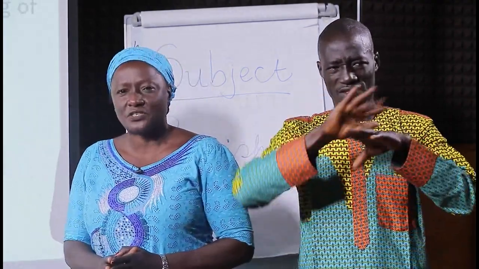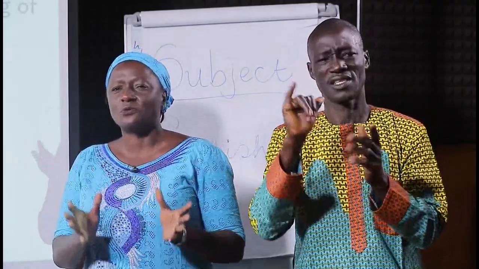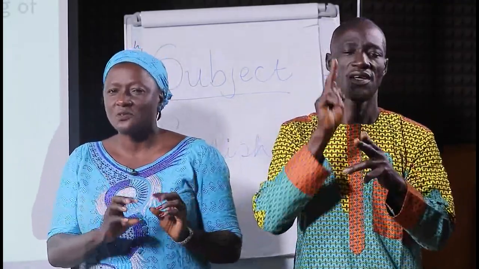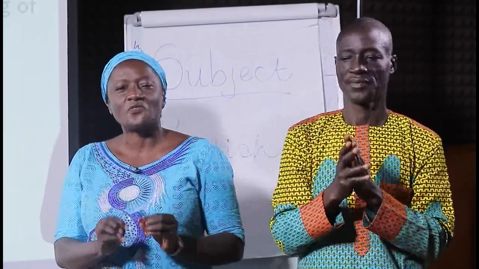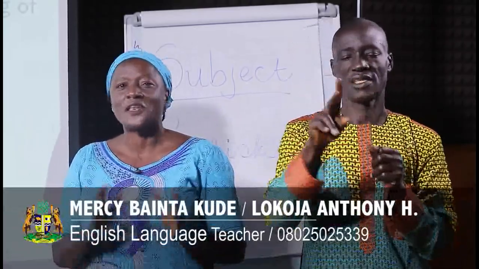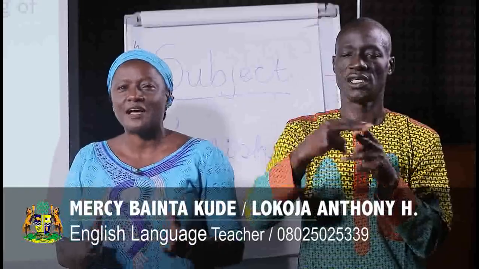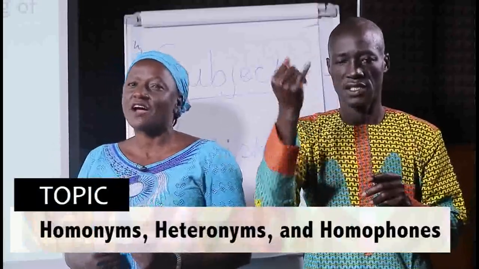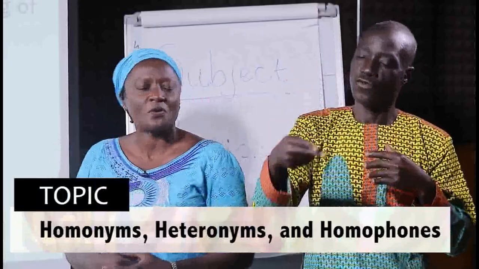Now, taking a closer look at the words, you will understand that the nouns are names of things. If you remember the definition of nouns, a noun is a name of a person, animal, place, thing, or idea. So we have homonyms that are nouns, while others are verbs.